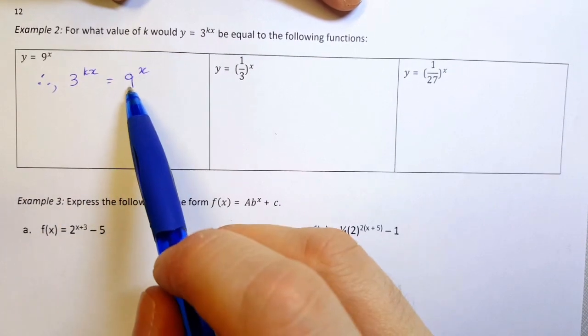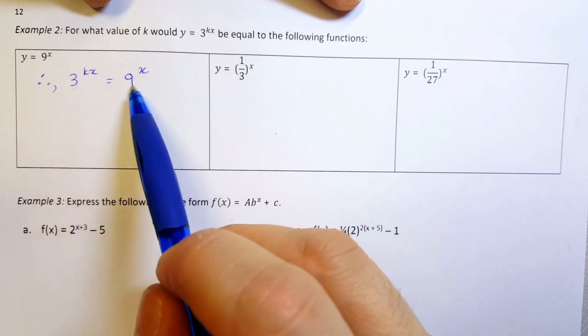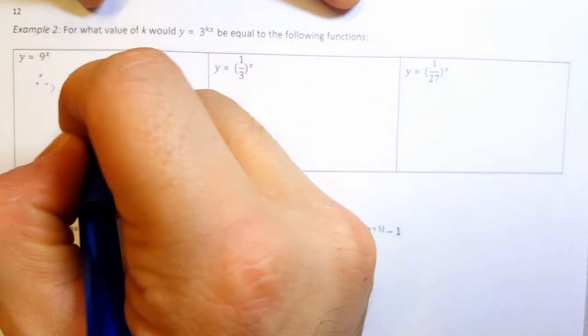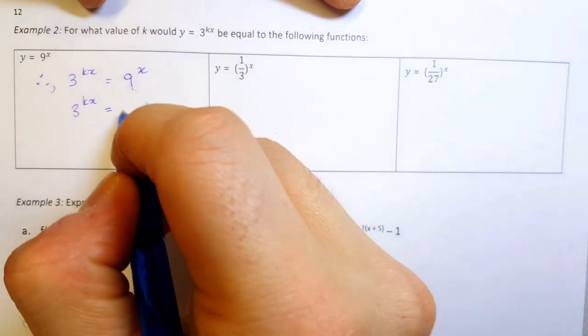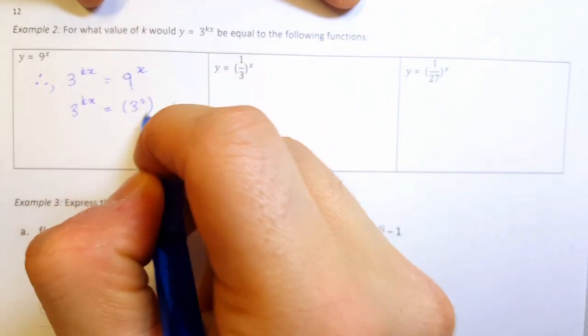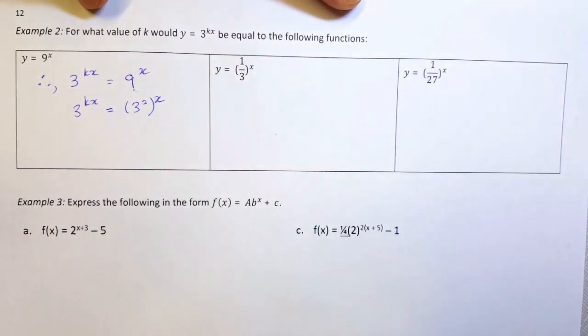And the trick to this is always to look at, can I express 9 in terms of this base right here? Well, I can. 3 to the power of kx, another way of saying 9 is 3 squared, then to the x.